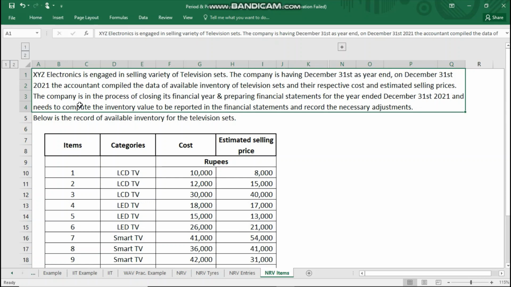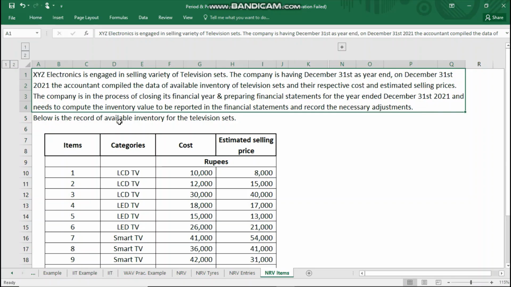The company is in the process of closing its financial year and preparing financial statements for the year ended December 31st 2021, and needs to compute the value of inventory to be reported in the financial statements and record the necessary adjustments.